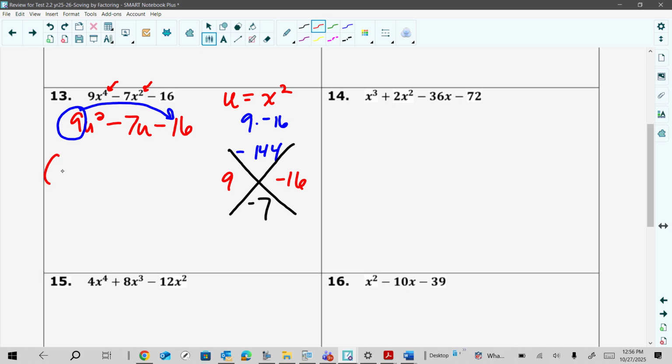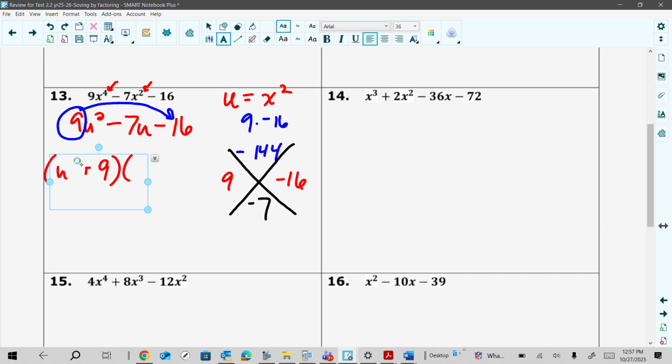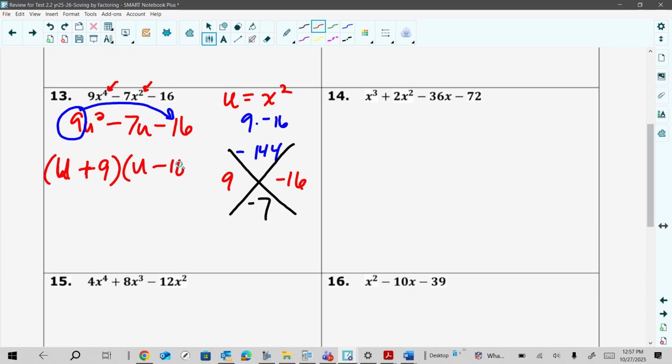So I have basically u plus 9, and then u minus 16. But then we have to divide by 9.